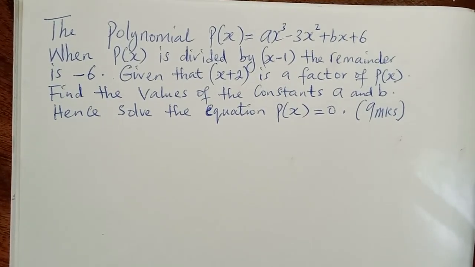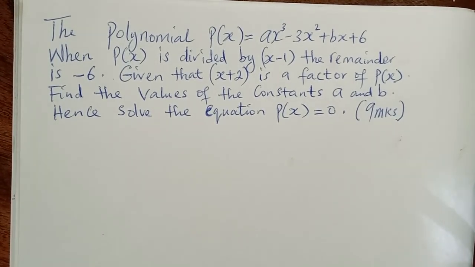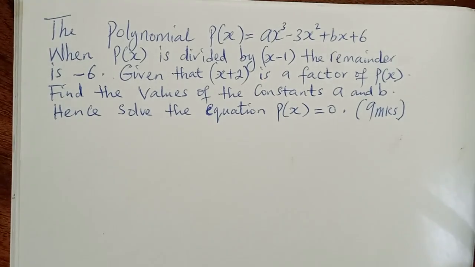First, they have told us that when p of x is divided by x minus 1, the remainder is minus 6. Then secondly, they have told us that x plus 2 is a factor of p of x. These are two key things you should take note of when you see expressions like this.